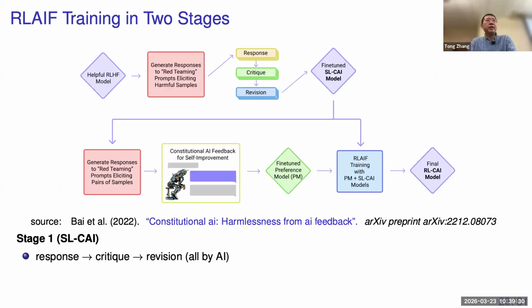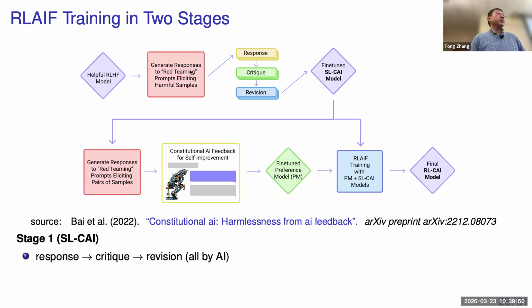So here is their training pipeline. Their pipeline is you start with a helpful RLHF model. You start with some human prompts, and you generate the so-called red teaming.